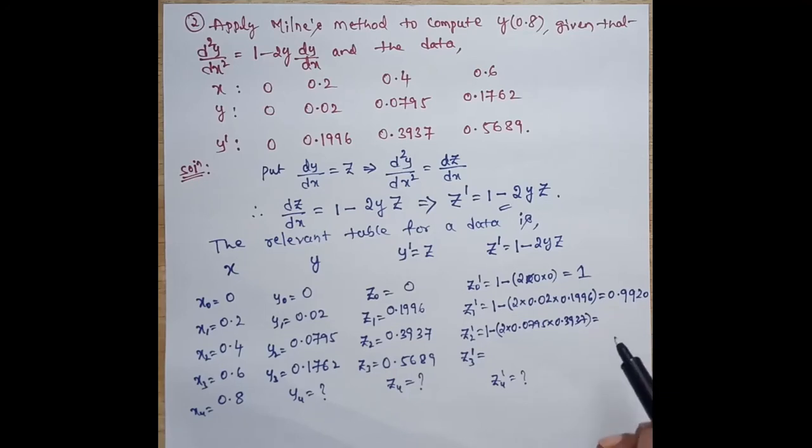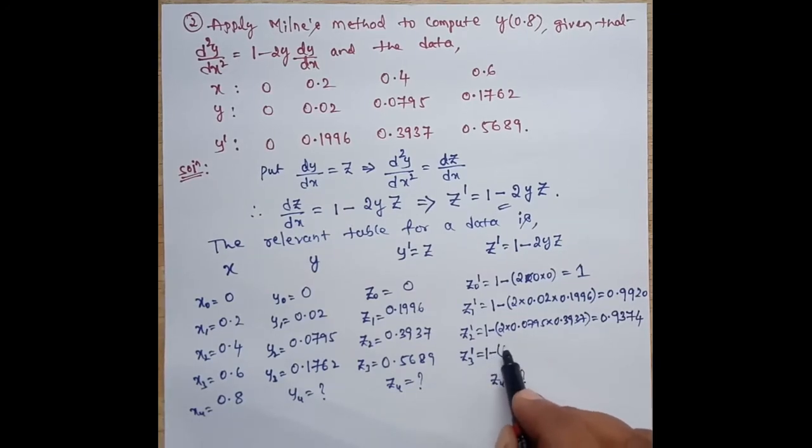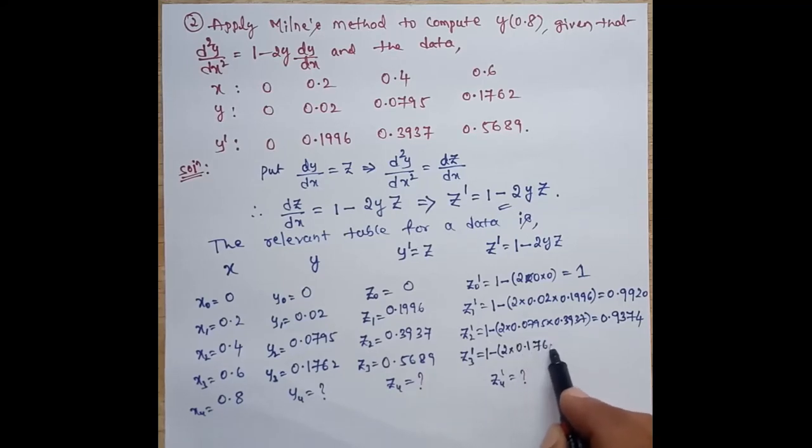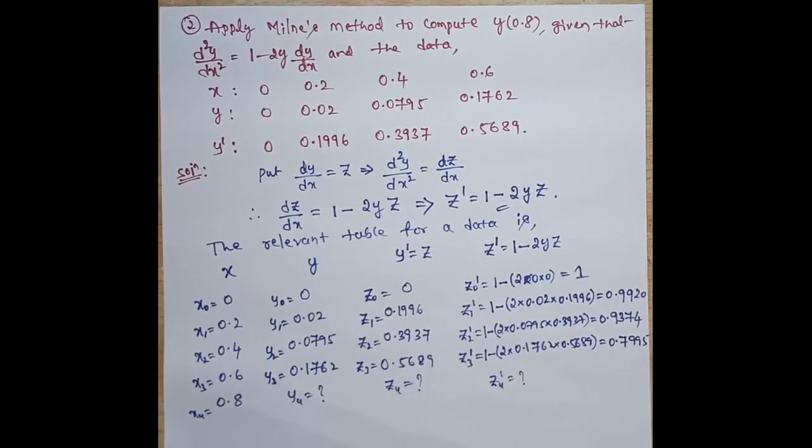Simplify this, it is 0.9374. Now z3 dash, again the same: 1 minus 2 into these two values, 0.1762 into 0.5689. Simplify this, it is 0.7995. So these are the values of z dash.